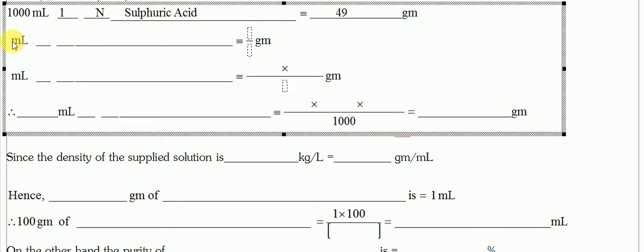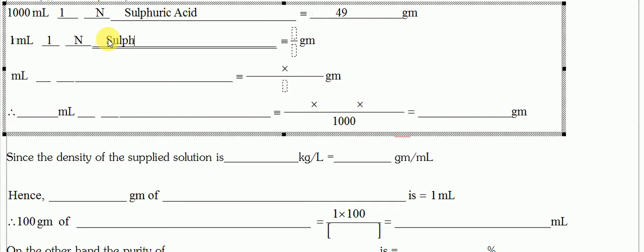And the next line is, we are putting this 1000 ml into 1 unit, so we have to write 1 ml. 1 ml is far less than 1000 ml, so we have to put this 1000 ml in the denominator. 1 ml 1 normal, I am just keeping the normality the same as the previous line. 1 ml 1 normal sulfuric acid is equivalent to 1000 ml is equivalent to 49 grams.